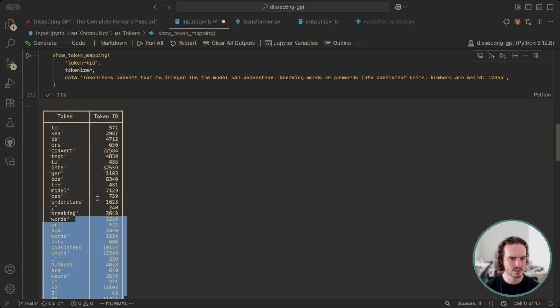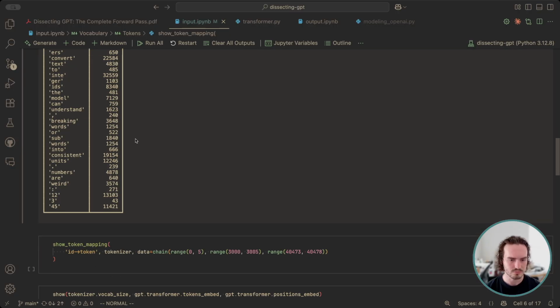But yeah, so pretty much we can see that each unit of text is associated with a number ID. And so that number ID is really how the model learns what to associate with a representation. And so we mentioned it has that 40,478 vocabulary size.